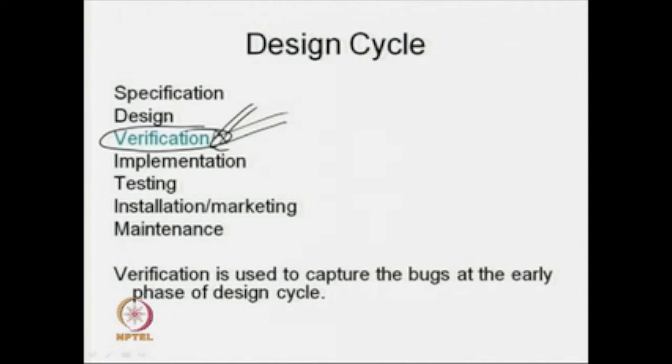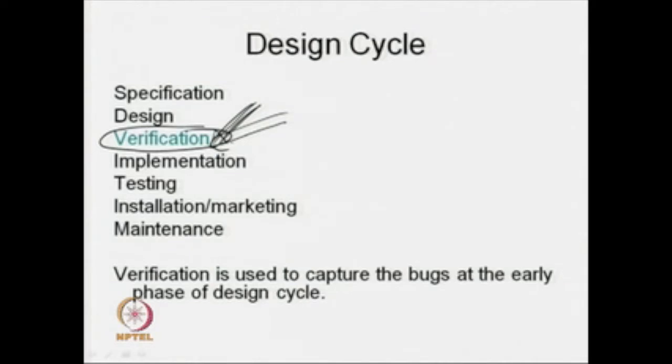By looking into our specification, we have come up with a design, and we know that for a specific purpose we are going to design a device. That device should satisfy some properties or specifications. In this verification phase we are going to check the correctness of those properties; this is property verification, or functional verification.